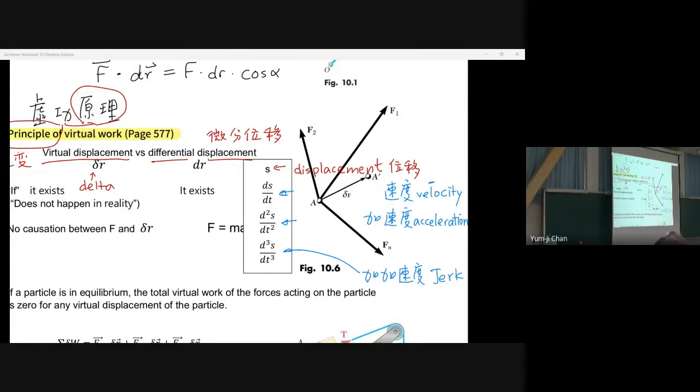For example, if you go on the metro and take a train, this one describes how comfortable it is. So we have displacement, we have velocity, we have acceleration, we have jerk.